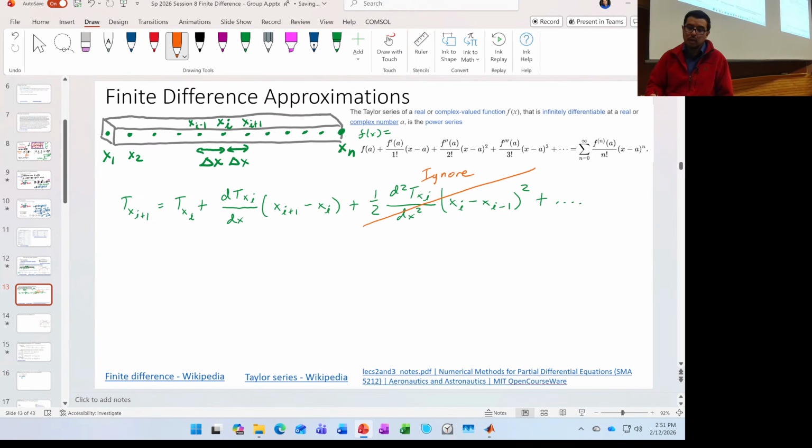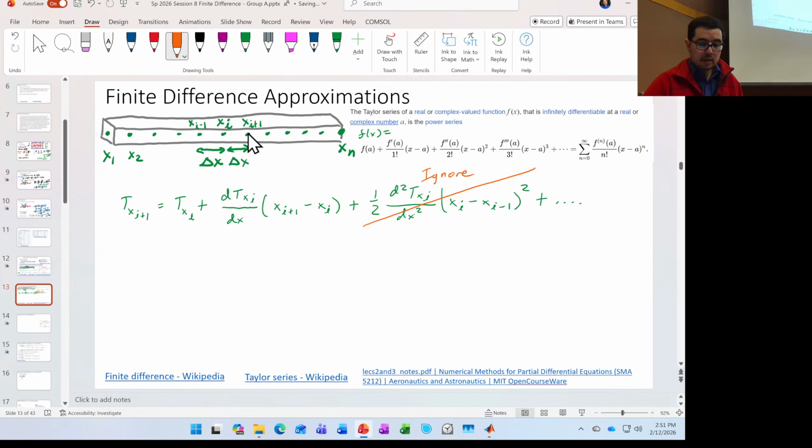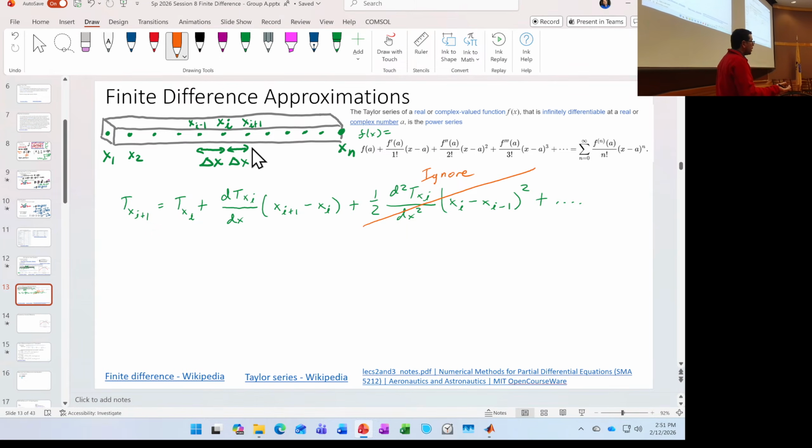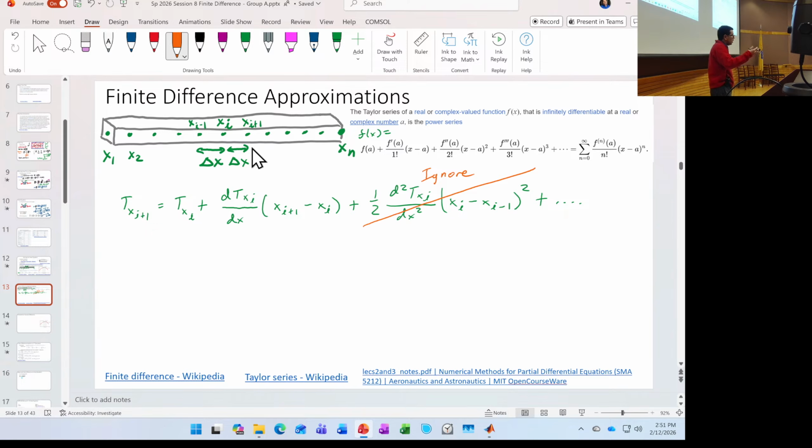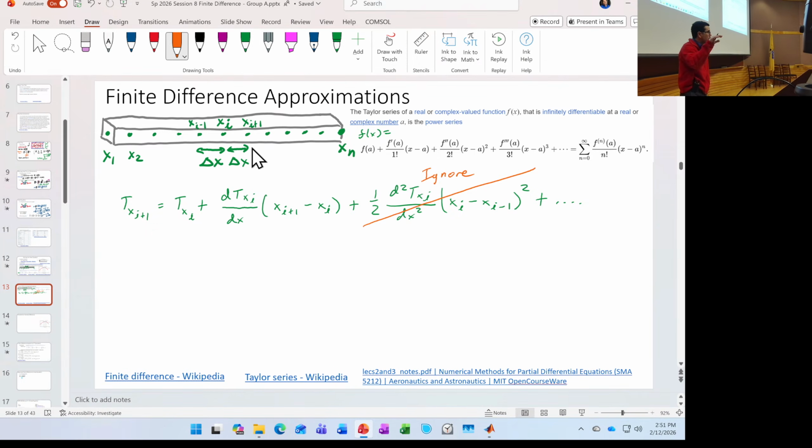So now, if I want the value of temperature here, I can estimate it based on the value here plus the slope times the distance. This is just mx plus b, or b plus mx, if you will. That's how we calculate the value at that location.